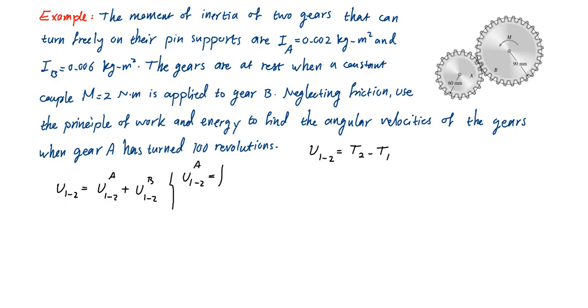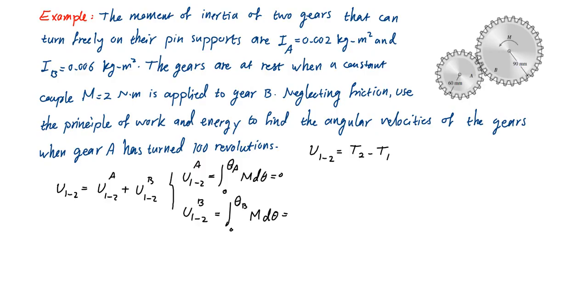For gear A, going from 0 to some theta A, the integral of M d theta, since there is no couple applied to gear A, the work is 0 there, work done by some external force or couple. There is no external couple applied to gear A. Keep in mind, the couple is applied to gear B. So for gear B, you'll get, well, start from rest, so 0 to some angle theta B of M d theta.